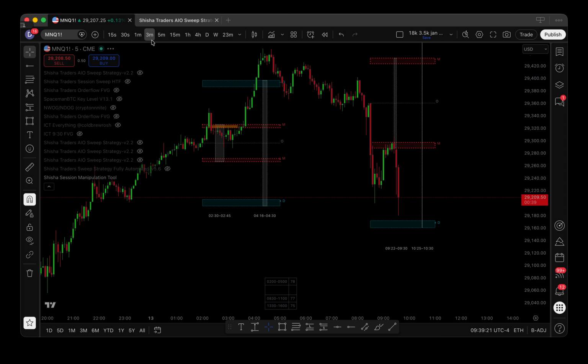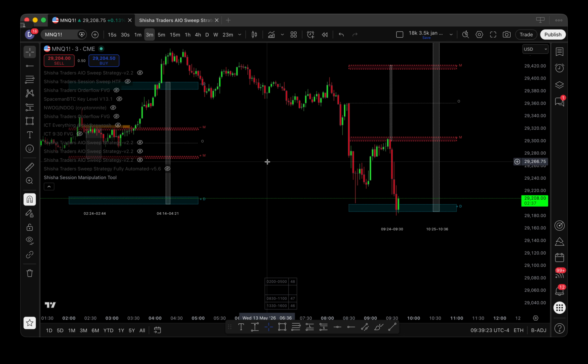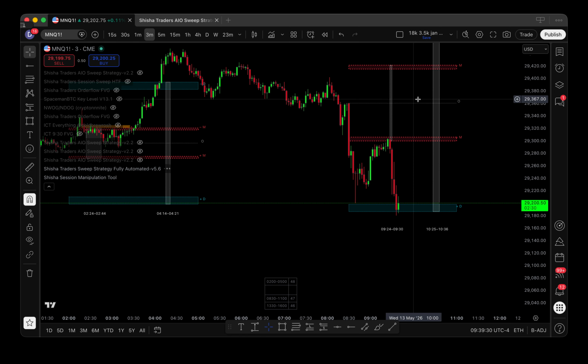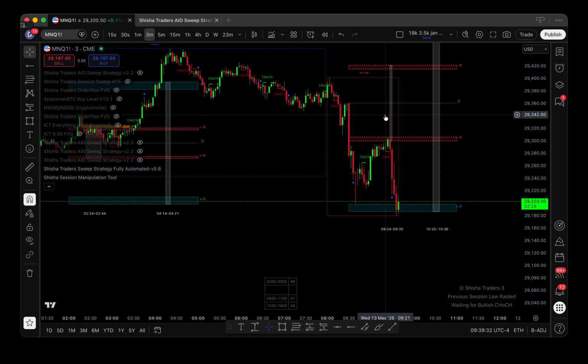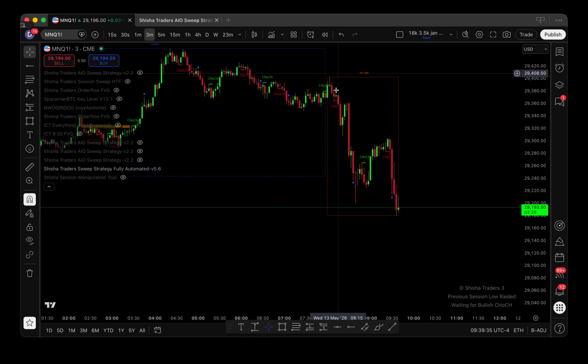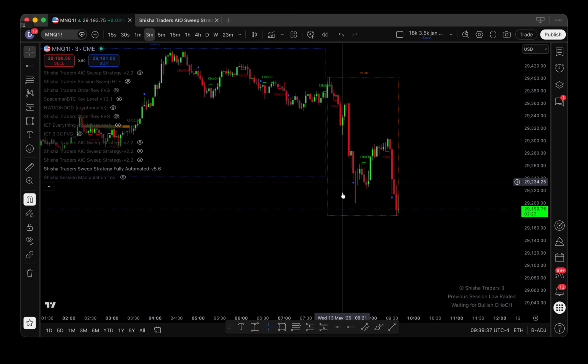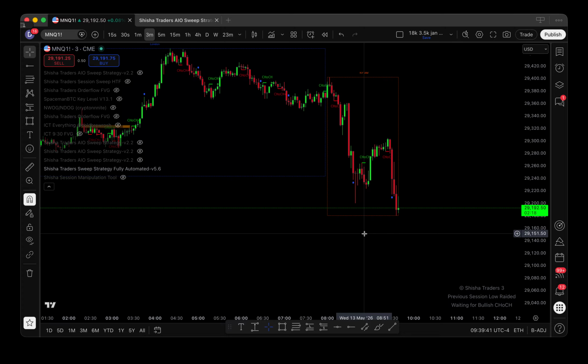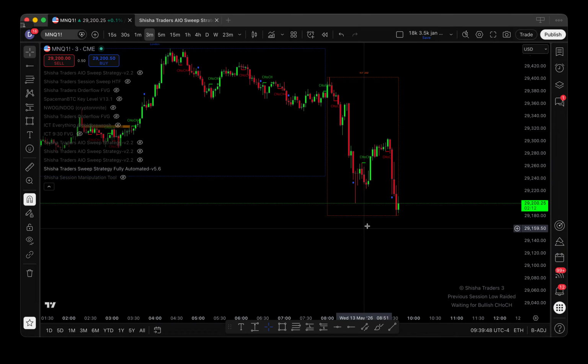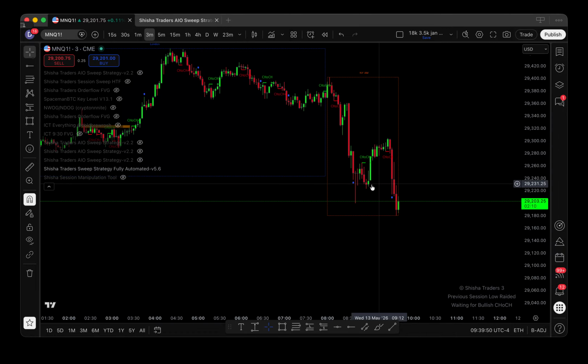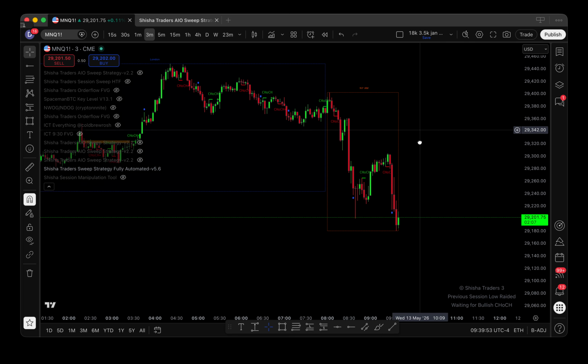So for all the past sessions, it takes the average of how the New York AM session behaved. You see this New York AM session? Let me turn off this session. Let's say it left a low here and it just went the other way. Out of 47 New York AM sessions, it averaged that the price went down to this area before reversing up.